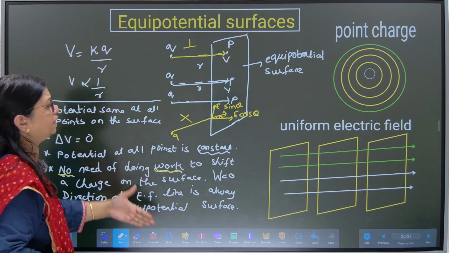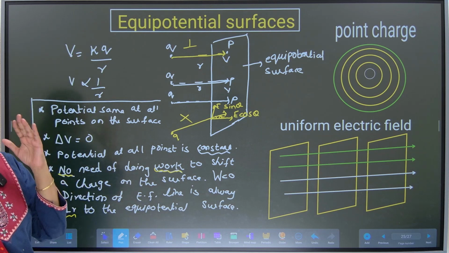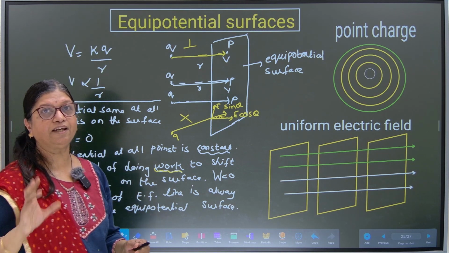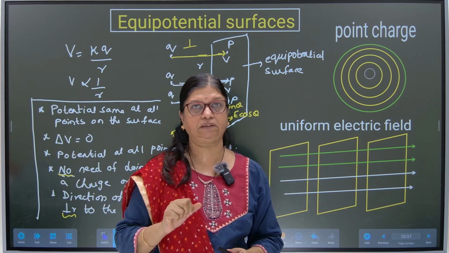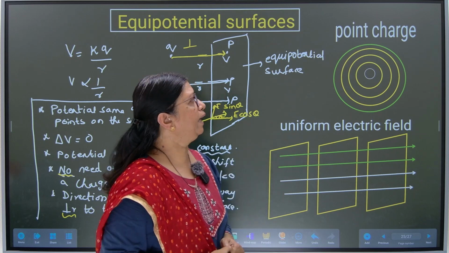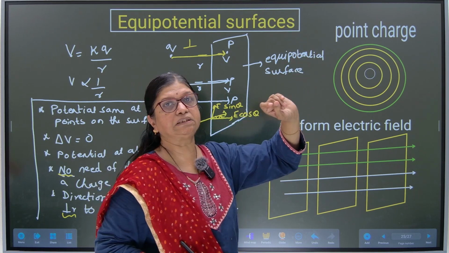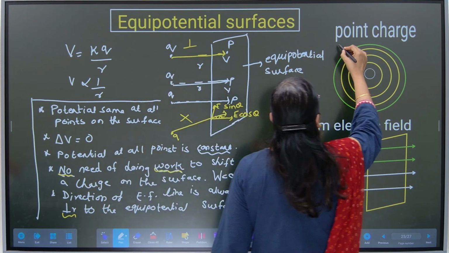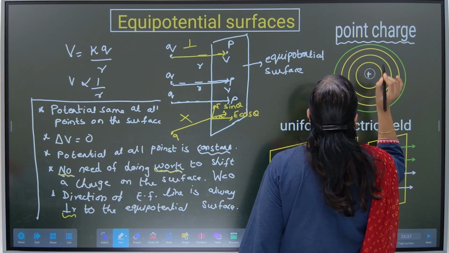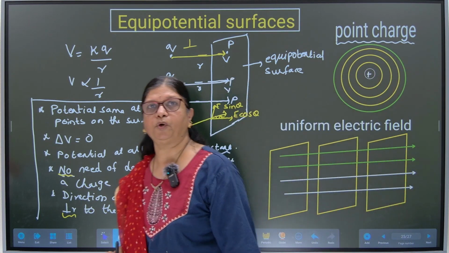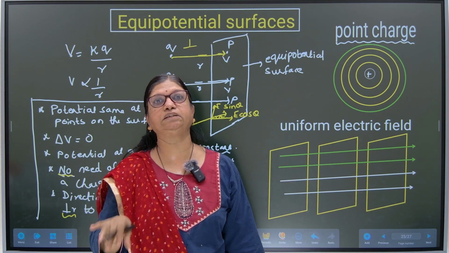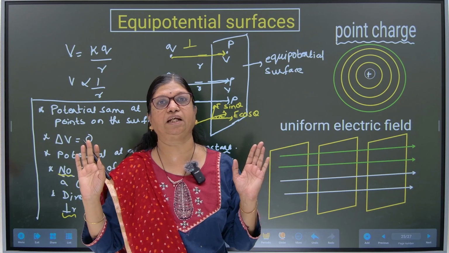So considering these points in our mind, let us draw equipotential surfaces for some configurations. Here I have the first configuration, in which I have considered a point charge which is positive, and I am drawing the equipotential surfaces around the point charge.